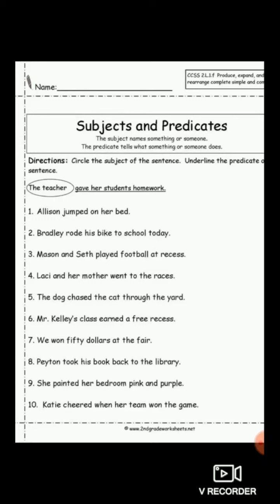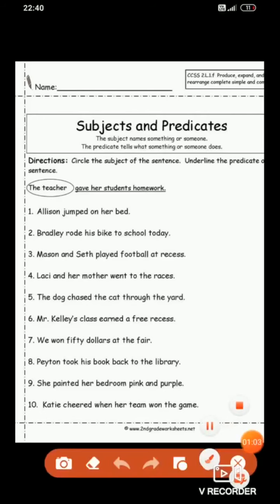Whereas gave her student homework, the remaining part, starts with a verb, so it is the predicate. Who gave her student homework? The teacher. So when you ask the question on the predicate, you get the subject as an answer. Now the first one is given. The first example: Allison jumped on her bed.